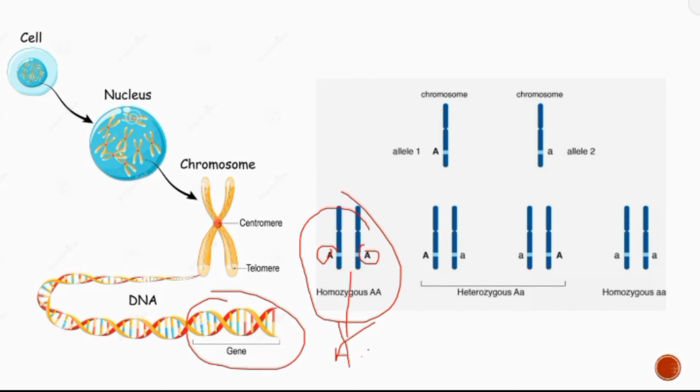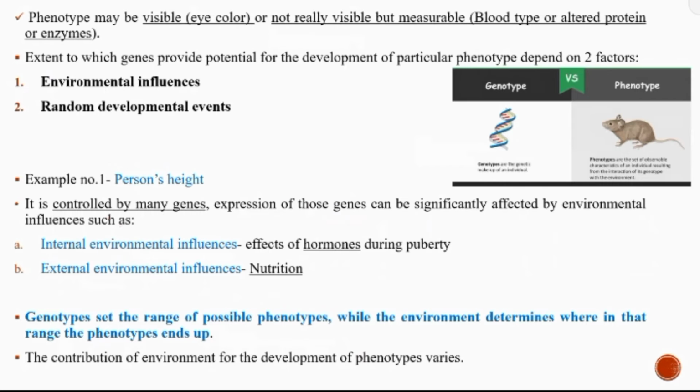It will also depend on the environmental factors. Here is an example: consider a person's height. A person's height is controlled by many genes. The expression of those genes will be affected by the environment.